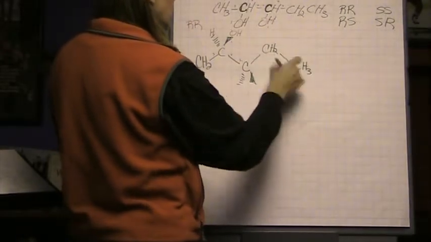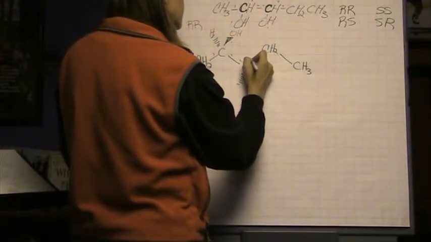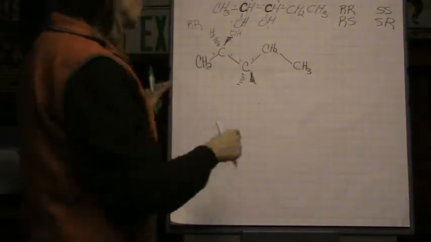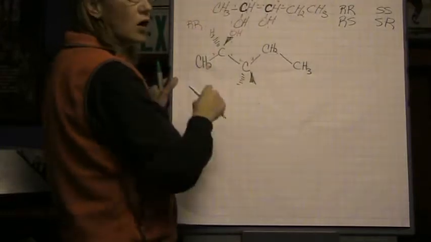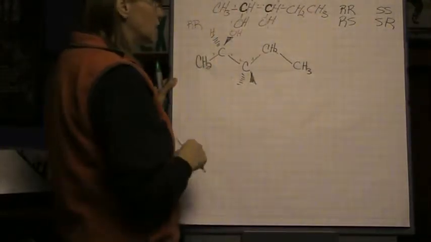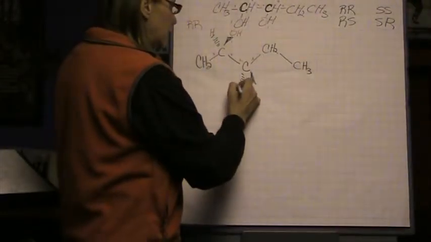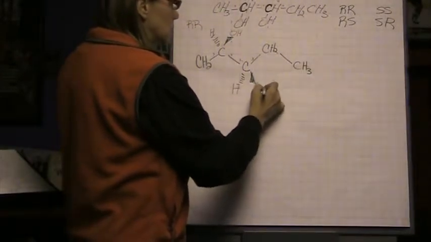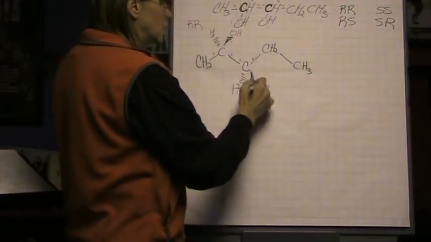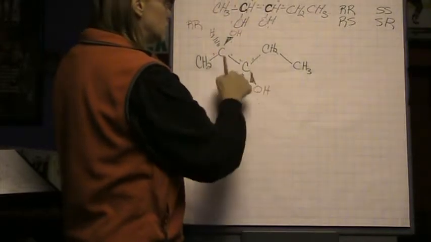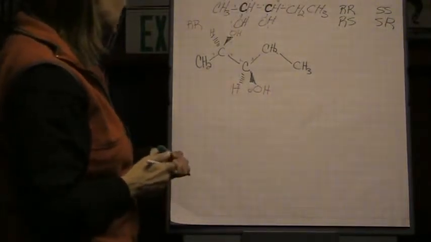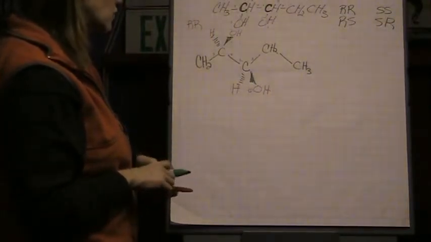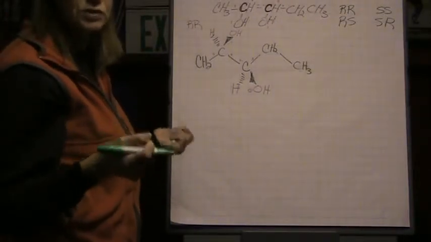This direction was priority number 3. Okay, so once again, 2, 3, we're starting that clockwise trend, which is what we want for R if number 4 is back. Well, we get to choose, so we're going to put it back. H goes here, OH goes here, 1, 2, 3, 1, 2, 3. That's our R, and our hydrogen is back, so what we see on paper is what we get. So this is RR, and of course now the rest of them are easy.